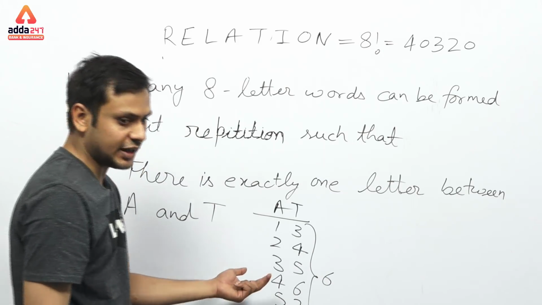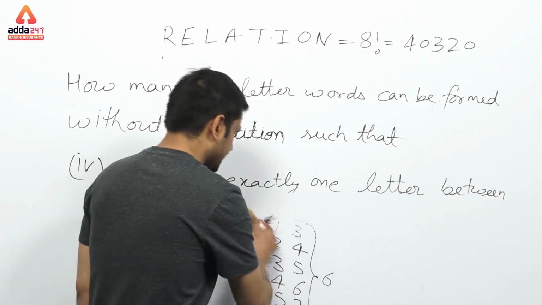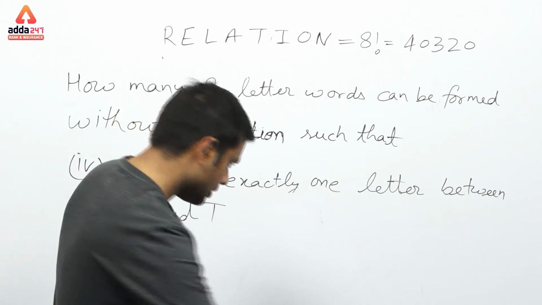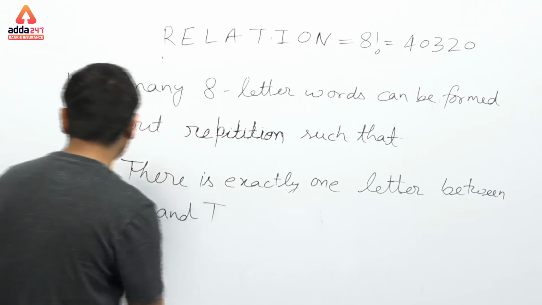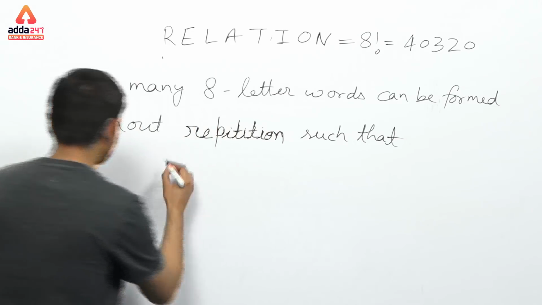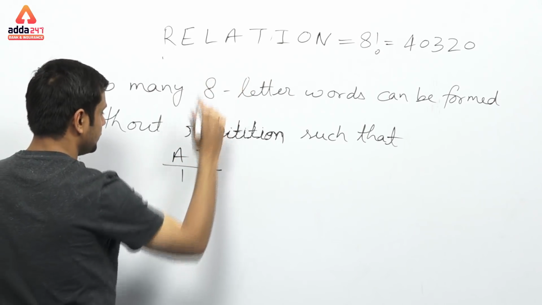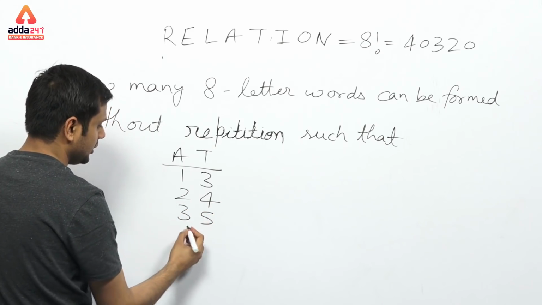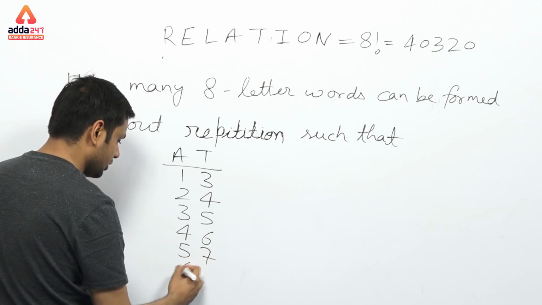And obviously, guys, if we think about this thing, A and T can appear at what places? A and T can be either at first and third places, second and fourth places, third and fifth places, right? After that, fourth and sixth places, fifth and seventh places, or sixth and eighth places.